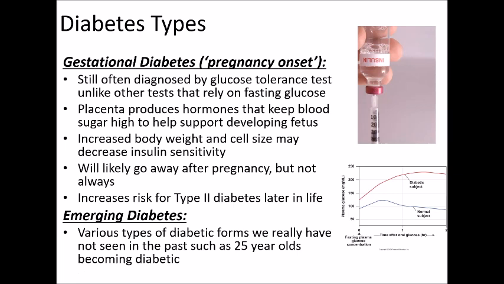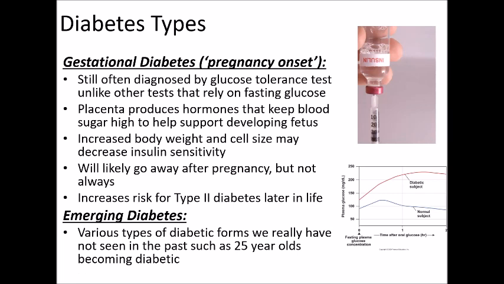Gestational diabetes occurs potentially for a couple reasons. One, because the fetus gets all of its nutrition from mom and her blood. The placenta, which is the attachment between the fetus and the mother, produces hormones that keep blood sugar high, and that helps support the developing fetus.